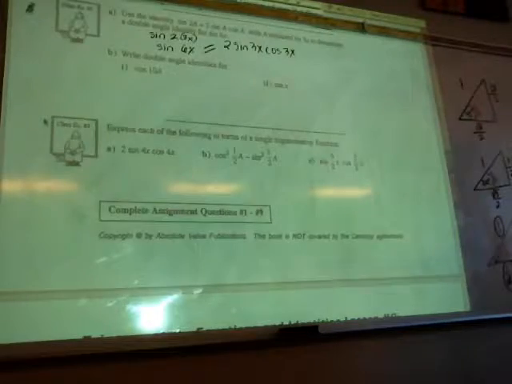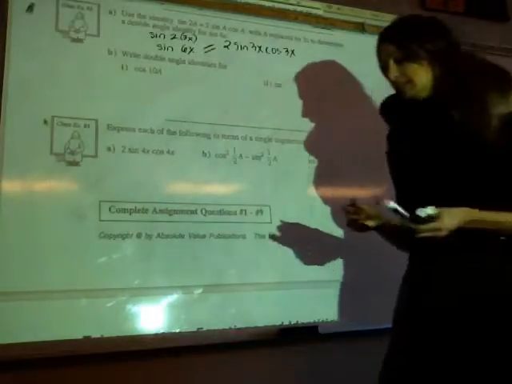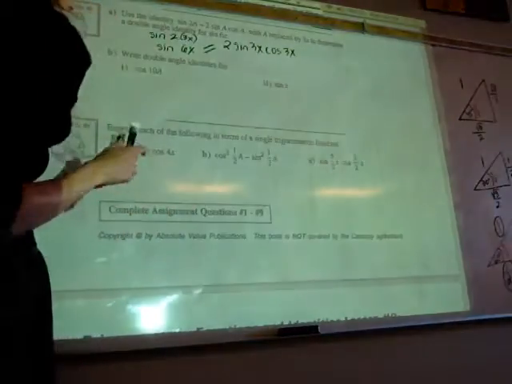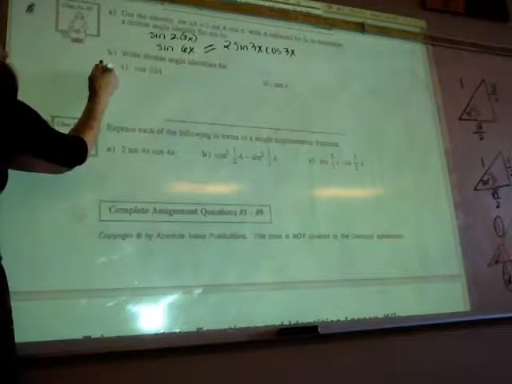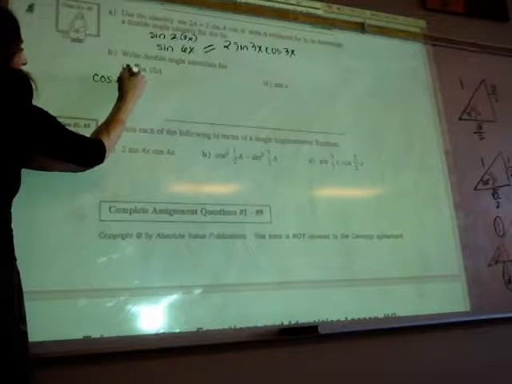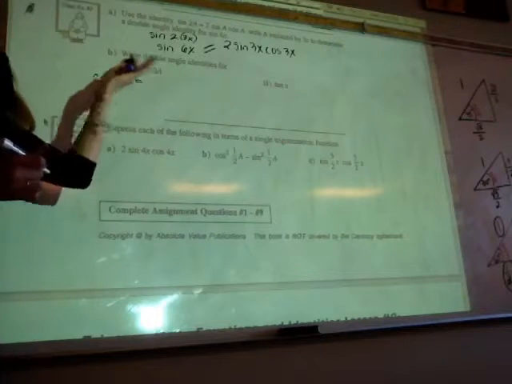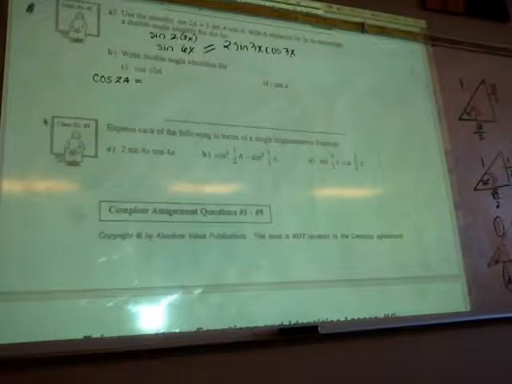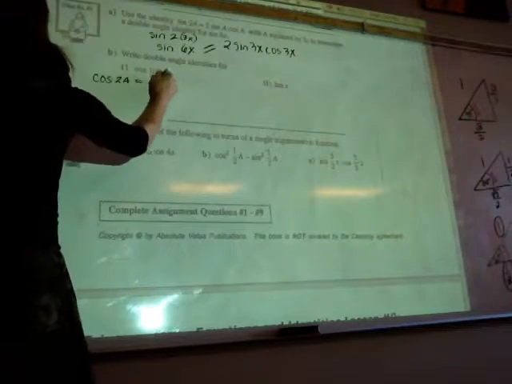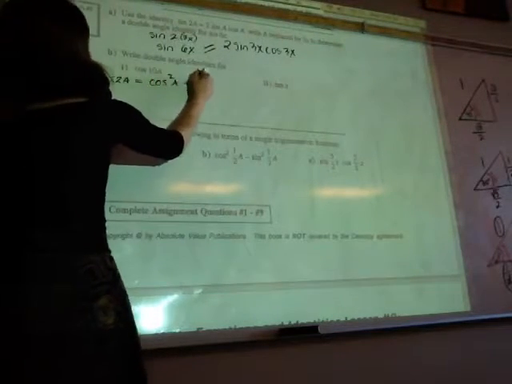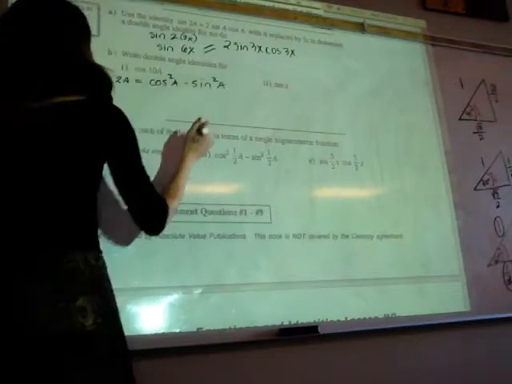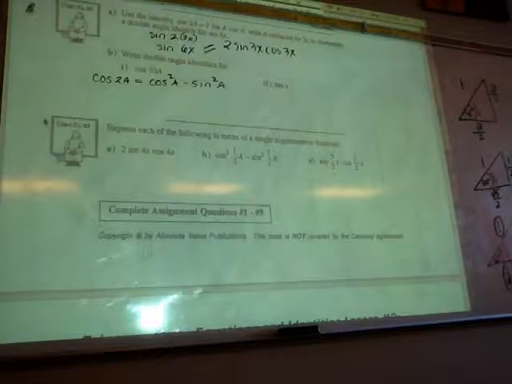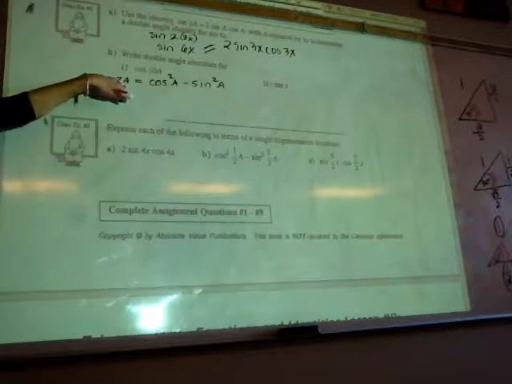Okay, now let's write double angle identities for cosine 10a. I'll just remind you guys, cosine 2a, there's 3 of them, so you could actually choose whichever one you wanted. I'll just use the top one, cosine a squared minus sine a squared. As you can see, we need a 2 for it to be a double angle.